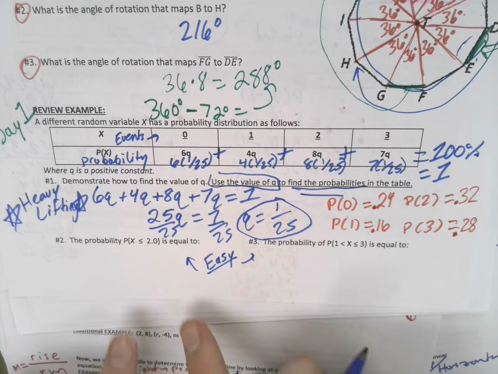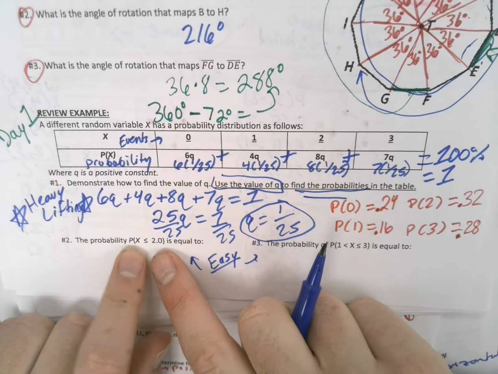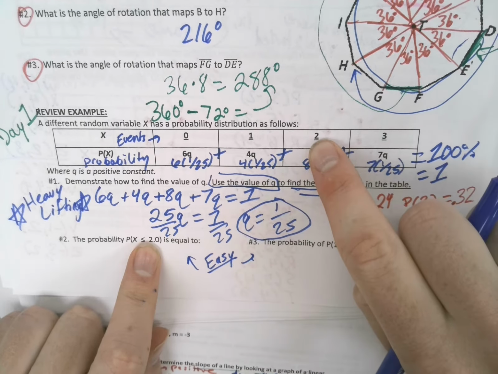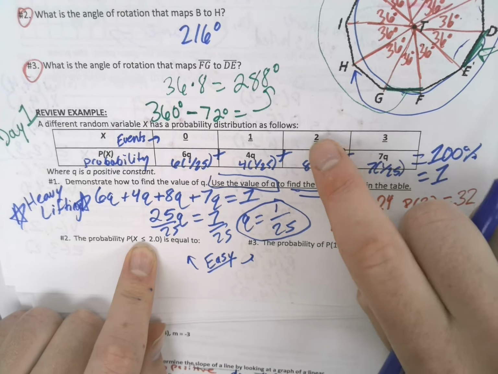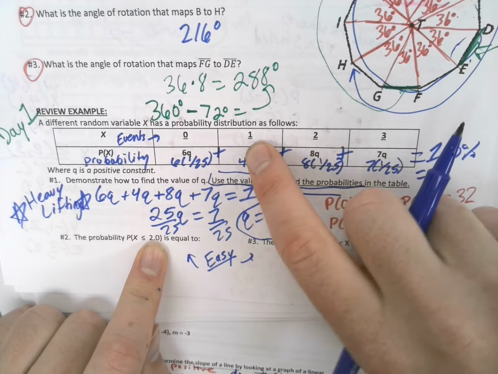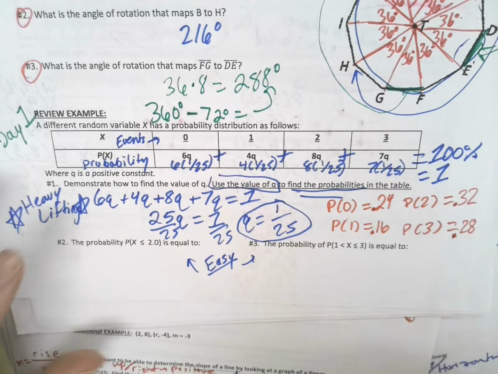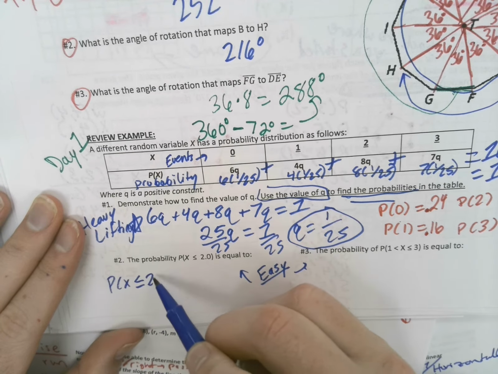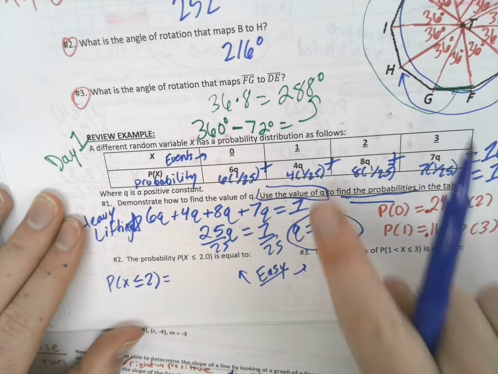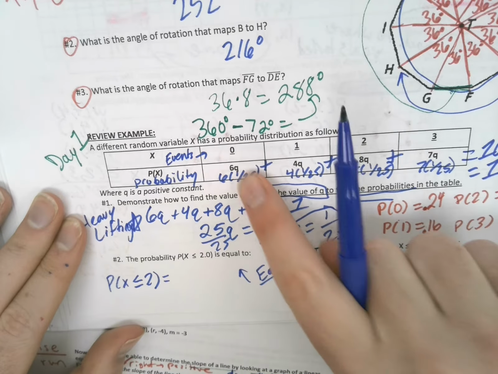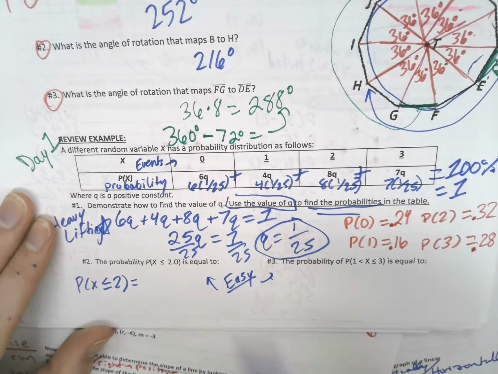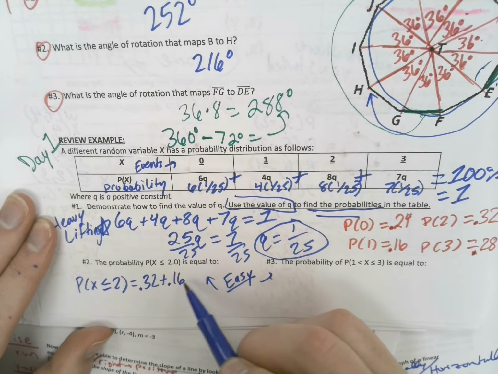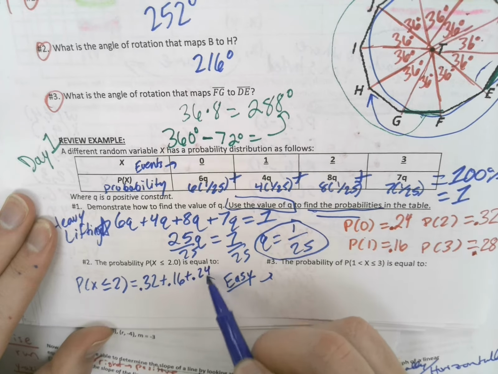Check it out. Number 2, what's the probability of us getting an event occurring that is 2 or less? So the chances of getting 2, 1, or 0. Oh, well, that's just going to be this probability, that probability, and that probability, which we know is 0.32 plus 0.16 plus 0.24.